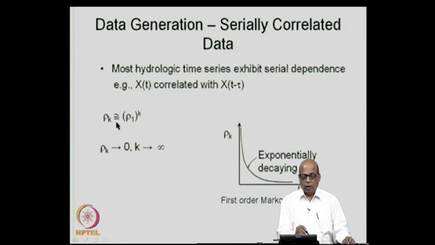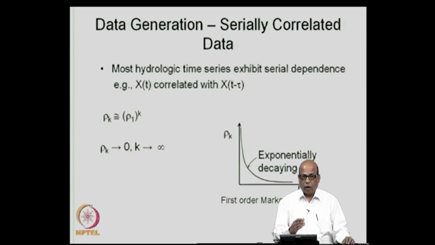In fact, any correlation at any lag can be obtained from the lag 1 correlation itself, following this notation. This also indicates that the memory of the process is short. So you may have 1 time step memory, 2 time step memory, and so on.